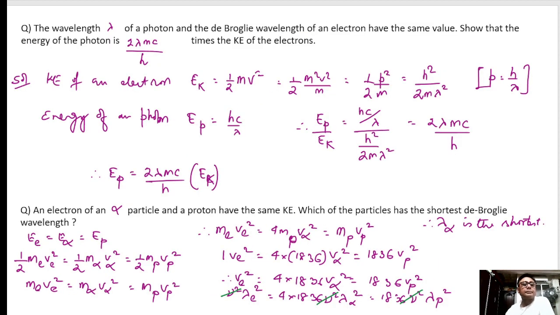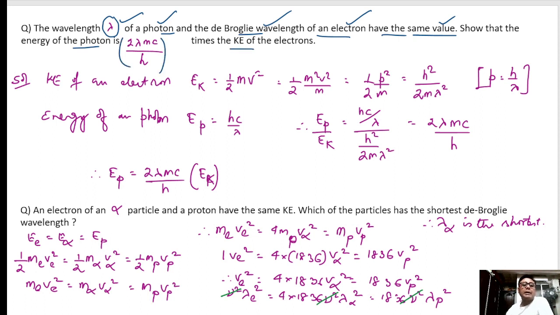Next, find the wavelength lambda of a photon and de Broglie wavelength of an electron that have the same values. That means the de Broglie wavelength of a photon and the de Broglie wavelength of an electron are the same. Show that the energy of the photon is given as this times the kinetic energy.